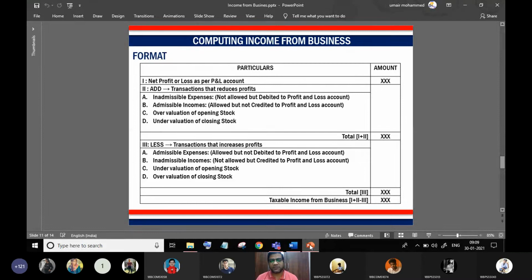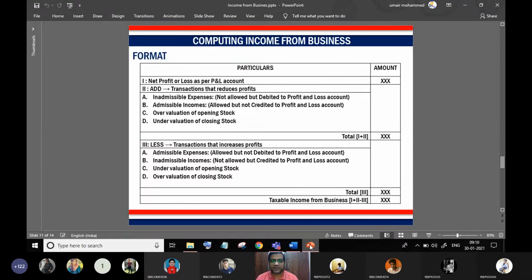So let me do a quick recall: why are we not taking the net profit given in the profit and loss account as the taxable profit, and not calculating the tax on that net profit given in the P&L account? The answer is the net profit available in the profit and loss account can't be considered as income from business for a couple of reasons.